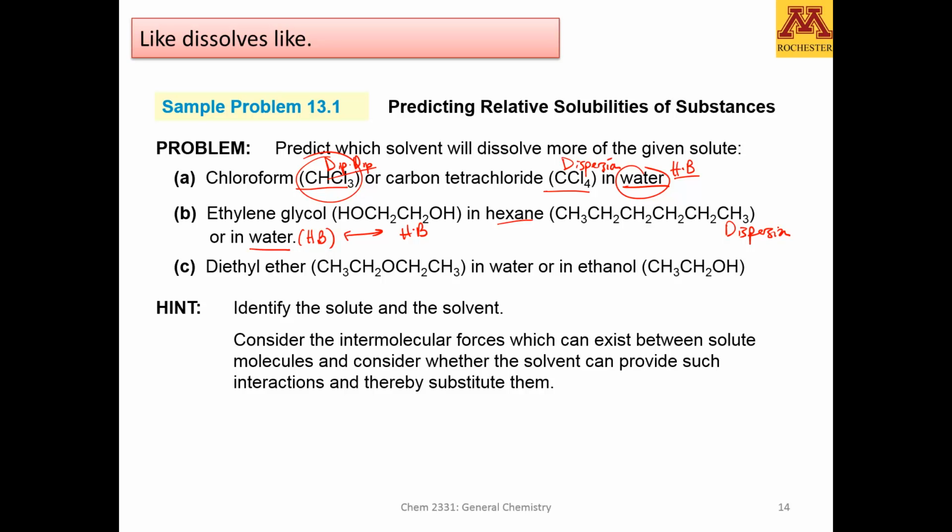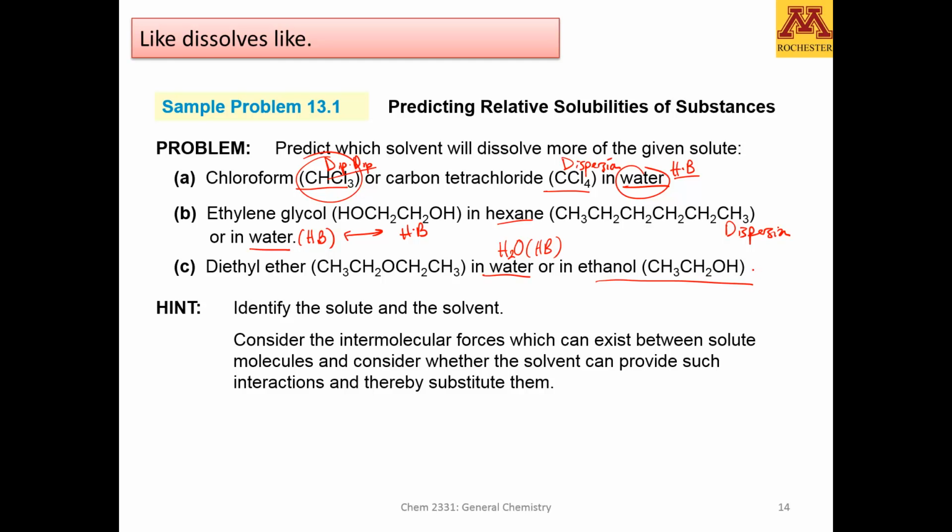All right, and the last example: the solvent is ethanol or water. You have two solvents, and it's asking if diethyl ether will dissolve better in water or in ethanol. Well, notice that water is H2O, so it only has hydrogen bonds.